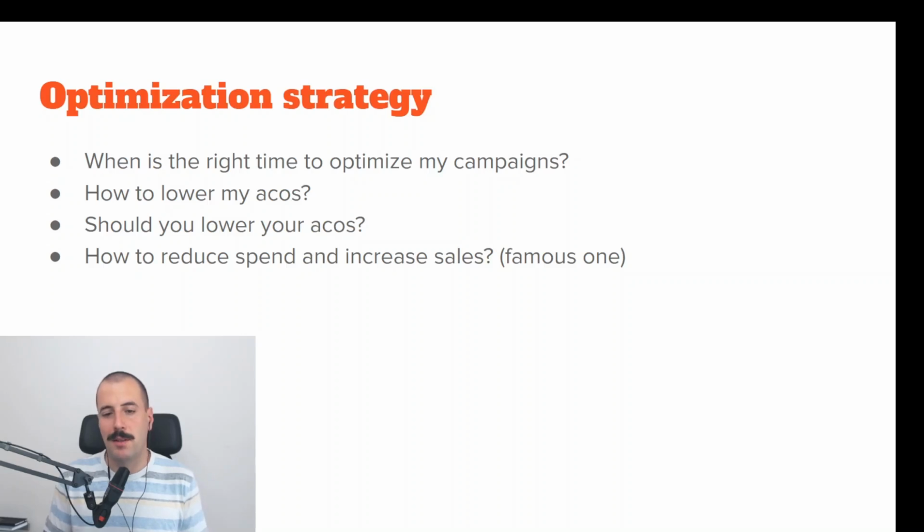I mean, it's a big topic, but also, by lowering your ACoS, you're lowering your exposure, you're lowering your reach. So as I stated, for me it's always a long-term goal, not a get-rich-quick goal. The long-term goal is to increase organic ranks.